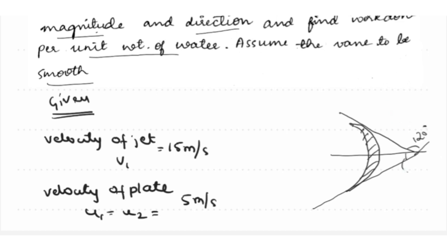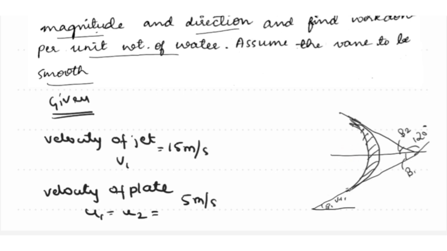So this angle is beta 1 and this angle is beta 2. Whatever line we draw on this vane angle line, that is VR1, and this angle and this angle will be same, so this angle will be beta 1.